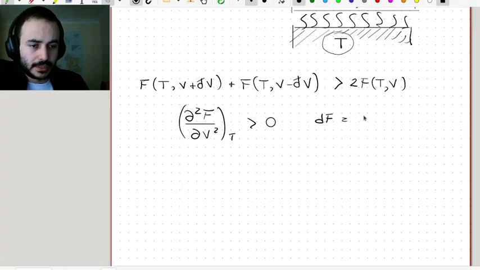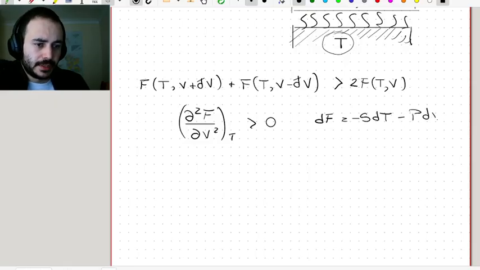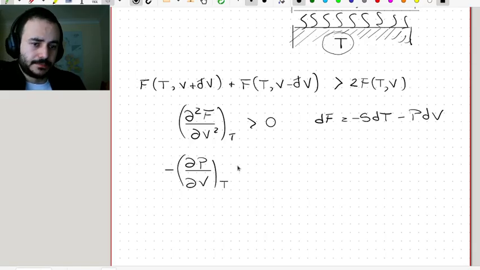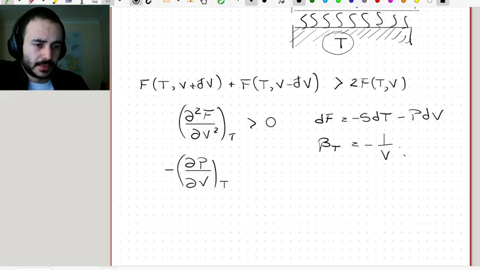Once again, remembering the fundamental thermodynamic relationship in terms of the Helmholtz free energy, that is S dT minus P dV, we see that the partial derivative of F with respect to V is minus P. So what we have here is minus the partial derivative of P with respect to V at constant T. And remember also that the isothermal compressibility is equal to minus 1 over the volume times the partial derivative of the volume with respect to the pressure at constant temperature.